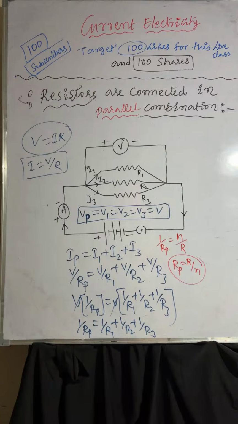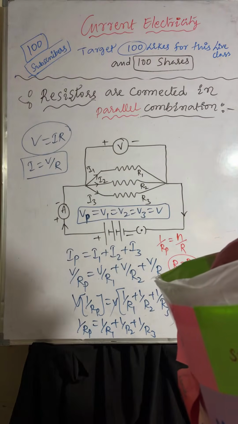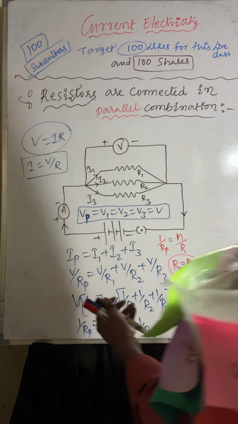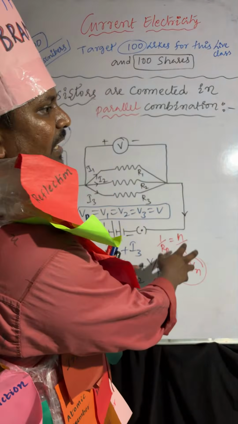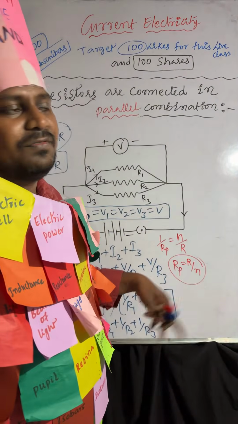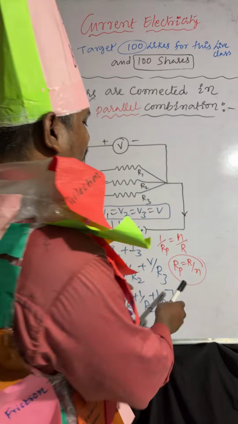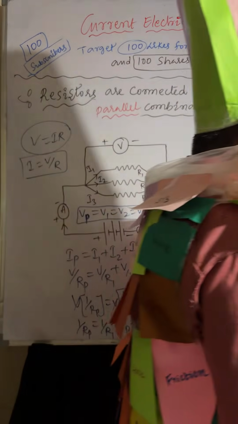That is true. But generally we make a mistake in that only. So until here you got some value, and that is what you substitute in the place of R. But actually we want Rp, that is R by n.